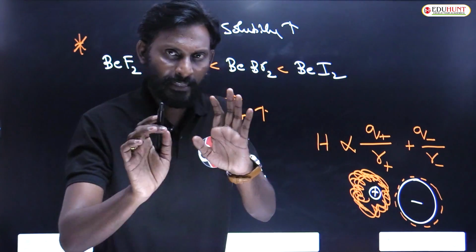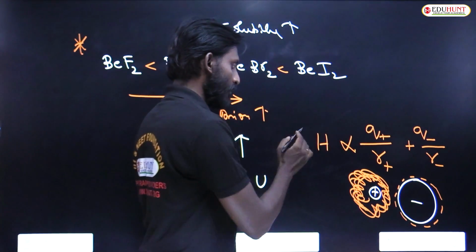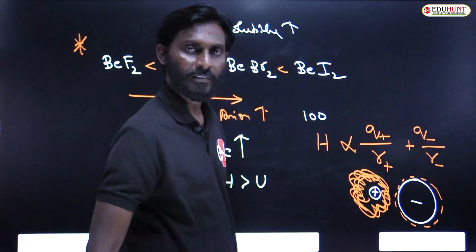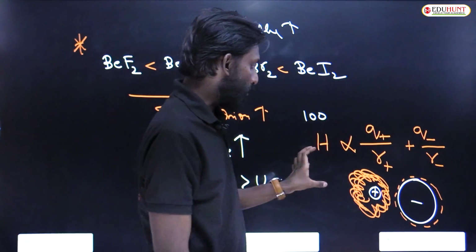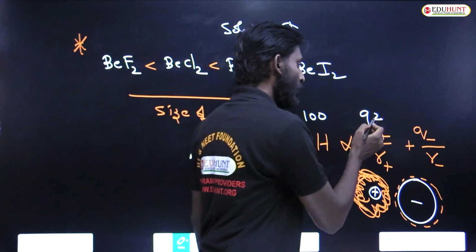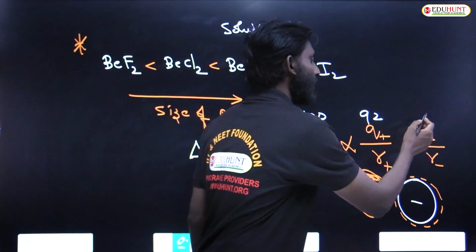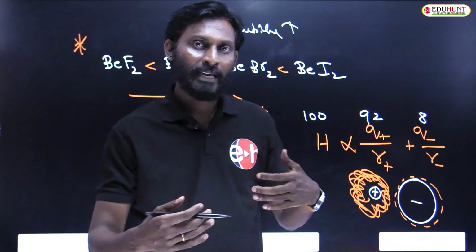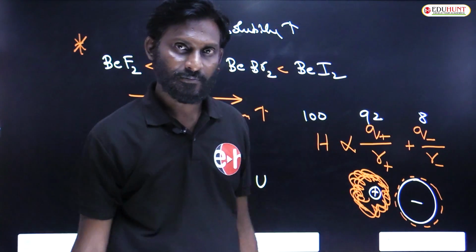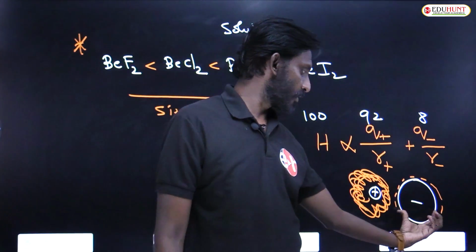For better understanding, let me explain this. Suppose the total hydration energy is 100. Among this 100, 92 will be contributed by the cation and 8 by the anion. What happens if the size of the anion increases?